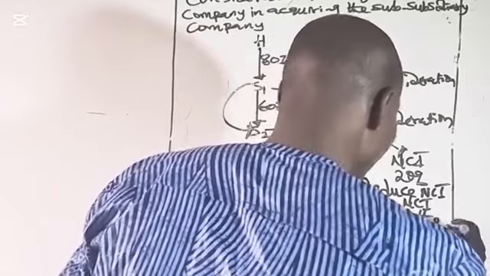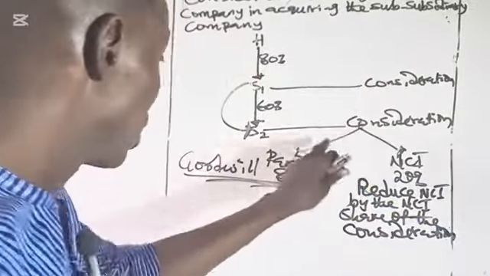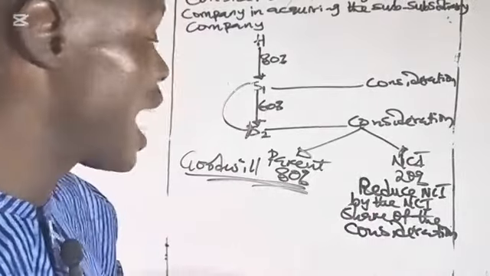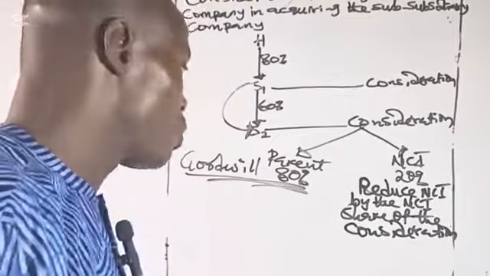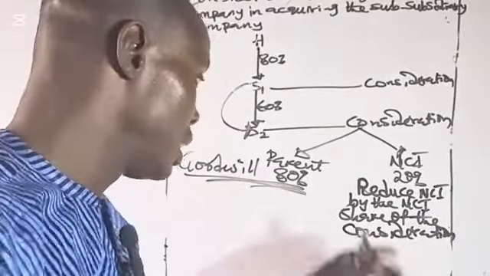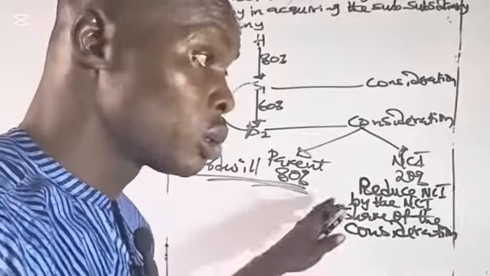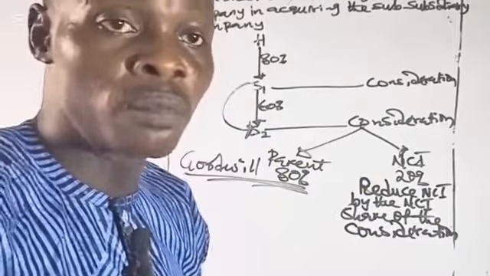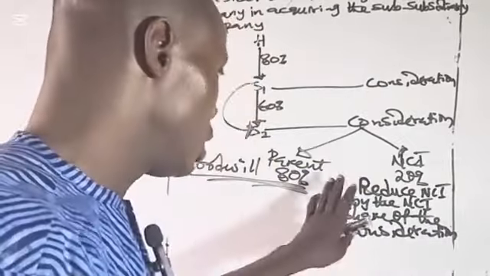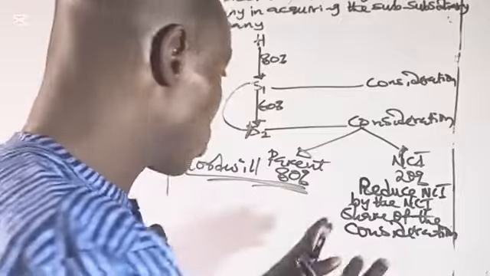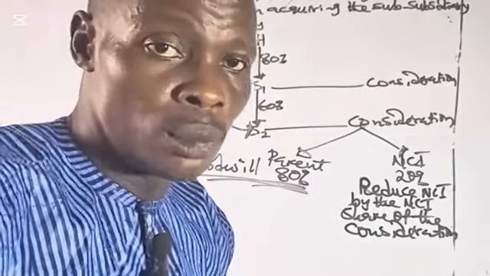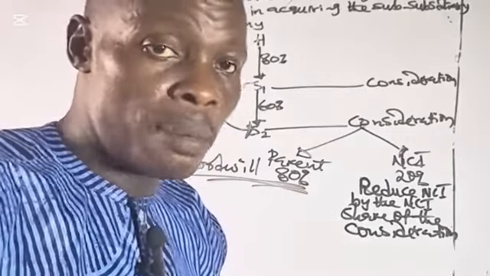It means the NCI share of the consideration you have apportioned between parent and NCI. When you calculate your NCI in the usual way, the same way we have been calculating our NCI, the same way it will be done here. So the NCI, you now subtract the NCI share of that consideration from the NCI calculated in the usual way. By the time I take questions as worked examples, you will understand it better. Please watch this video to the end for better understanding.